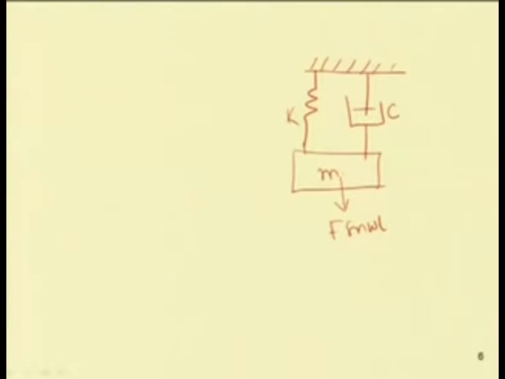So, for the mass we have the inertia force, that is m x double dot, plus for the spring we can have a linear part and a nonlinear part. Let us assume we have a cubic nonlinearity and a quadratic nonlinearity.